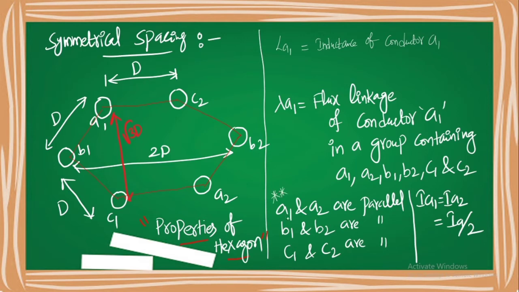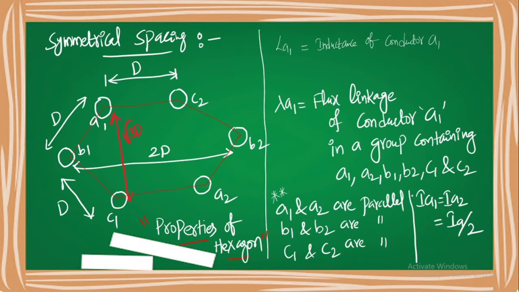In addition to that, one thing we need to keep in mind is that A1 and A2 are parallel, B1 and B2 are parallel, C1 and C2 are parallel between the sending end and the receiving end. As they are parallel, the current will be divided equally.